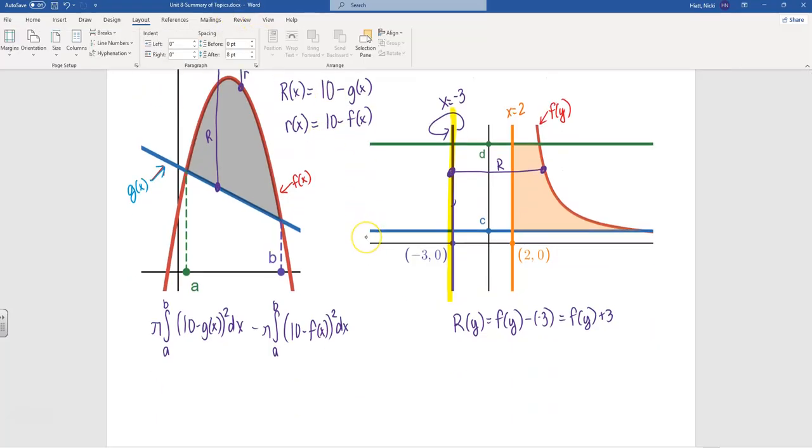Lowercase r, line you're rotating around to the inside. So lowercase r of y is 2 minus negative 3, which is just going to be 5. So volume is pi integral from c to d of f of y plus 3 squared dy minus pi integral from c to d of 5 squared.